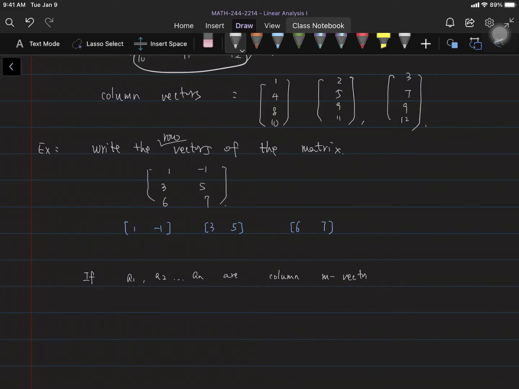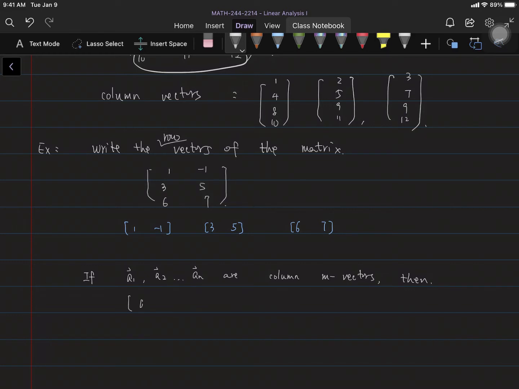Think about the column vector, they look vertical, right? So they are not a number. A1, A2, AN are not numbers, they are vectors. So they may include several numbers in them. In the book they write bold, but if you want you can put an arrow there, doesn't matter too much. Just think of them as vertical.